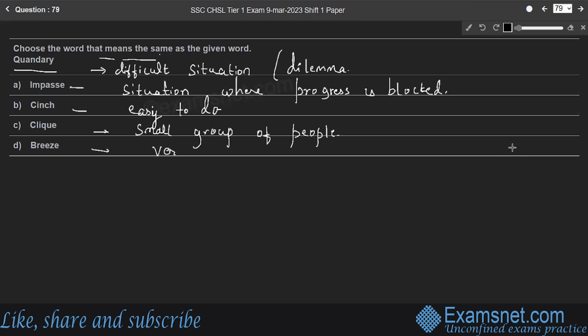So among the four, the first one, impasse, a situation where progress is blocked, means the same as the given word, quandary, a difficult situation or dilemma. Therefore, option A is the right answer.